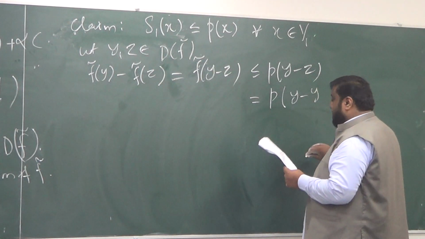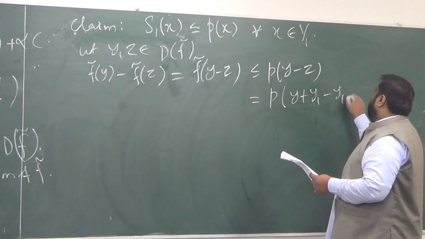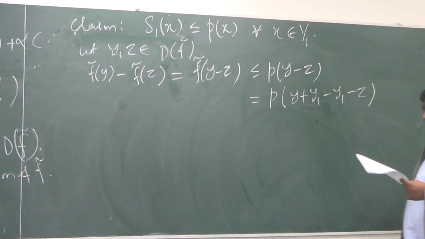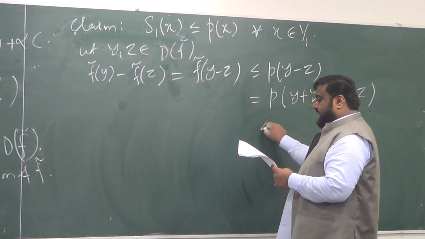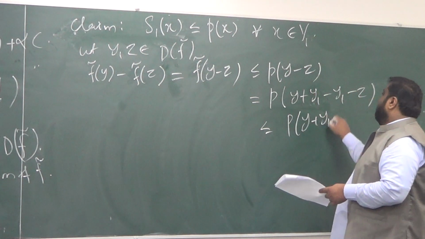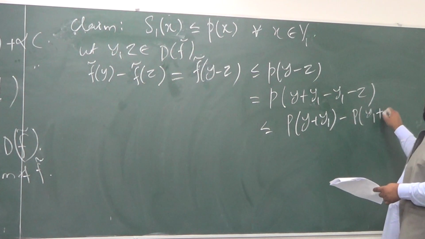Let's say that I have y plus y1 minus y1 minus z. Agree with it? Okay. And now I'm going to apply sublinearity, that this is less than or equal to p of y plus y1 minus p of y1 plus z.